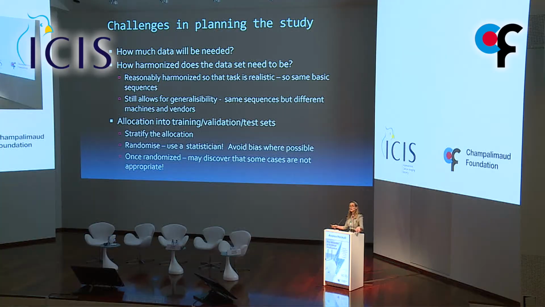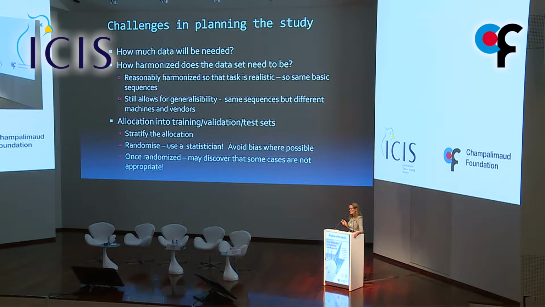The other issue is we want to avoid bias. So how do you allocate cases into the training, validation, et cetera? And certainly in the Malamar study, we got the whole data set in, and then we gave it over to a statistician who then stratified the cases into patients with or without metastases, and then did a randomization of allocation into training and validation. So we need to be sure that we're not biasing selection into the training and validation sets, and I think that's important.